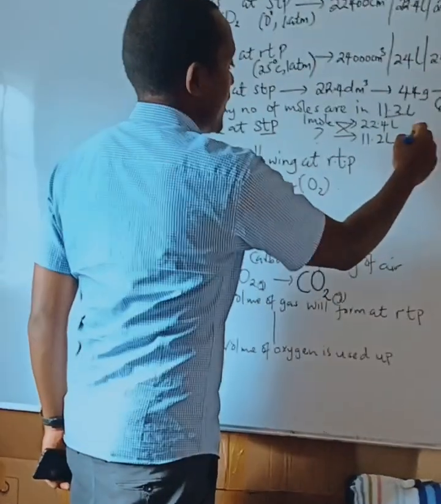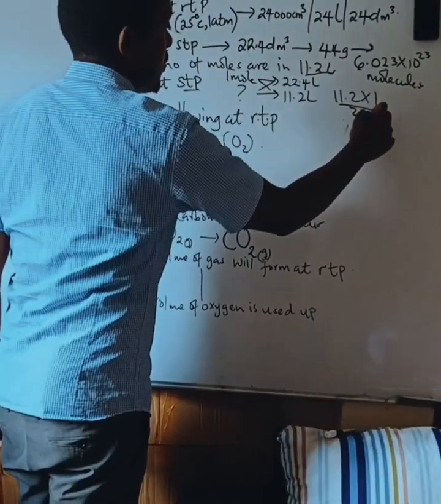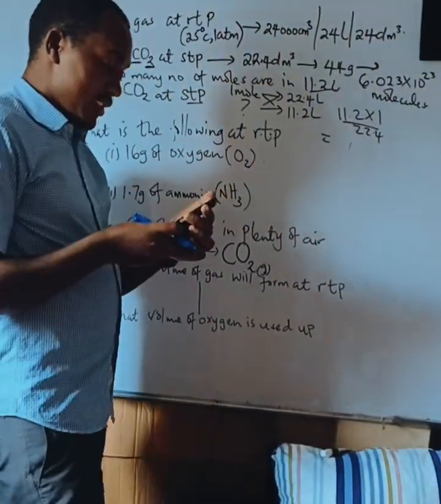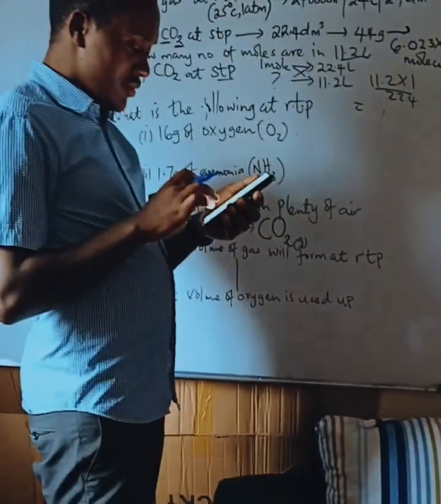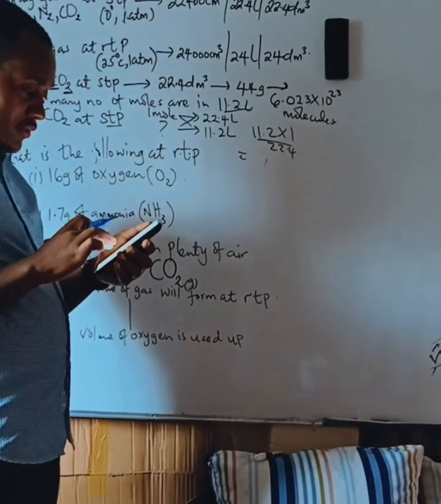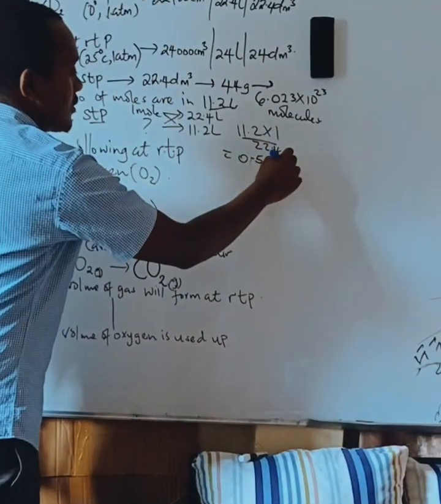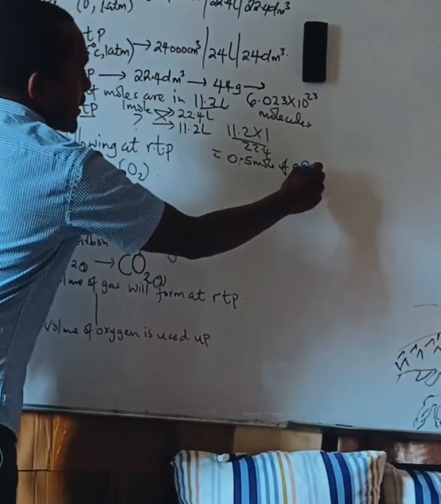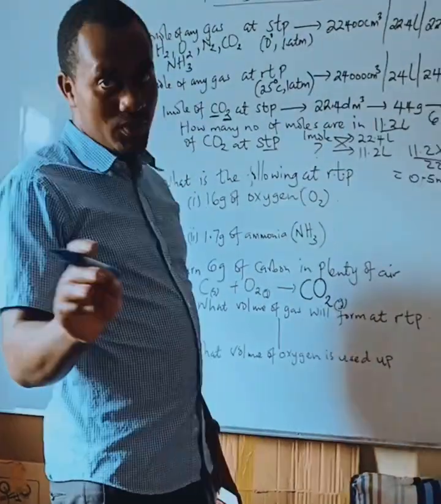It will be 11.2 times 1 over 22.4, which is 11.2 divided by 22.4. You get 0.5 moles of carbon dioxide at STP conditions.